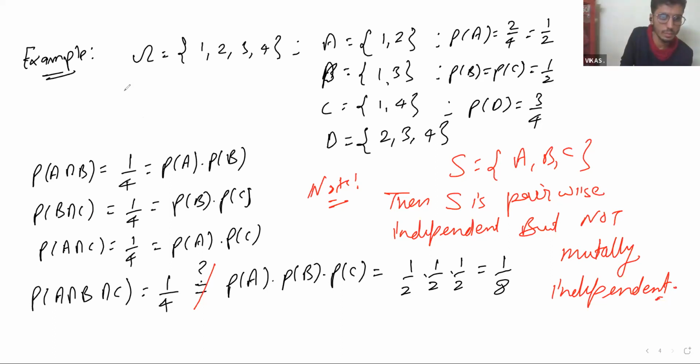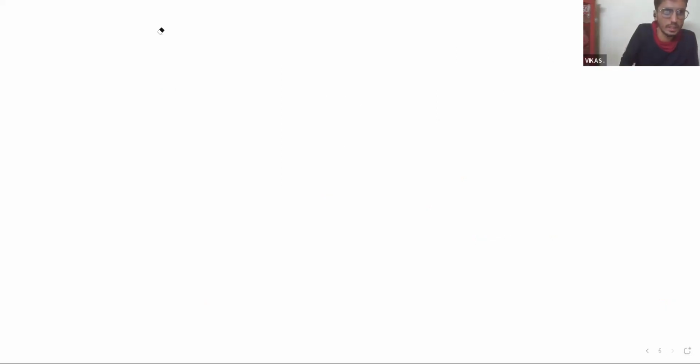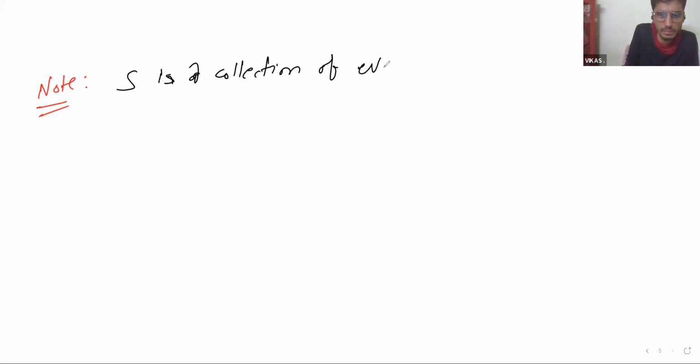If the cardinality of omega is n, and you want to check, let's say S is a collection of events, and you want to check whether S is mutually independent or not, or whether S is pairwise independent or not.